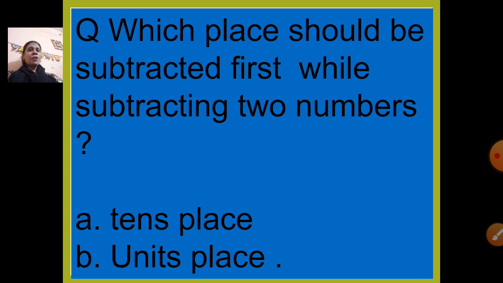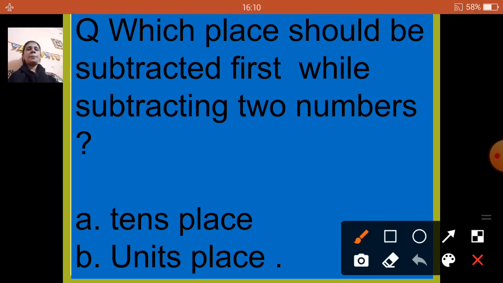Always teacher has taught you units with units, tens with tens, hundreds with hundreds, and you always start your subtraction, your addition, your multiplication from your right-hand side, that is from the units place. So which place should be subtracted first? Units place. Correct.